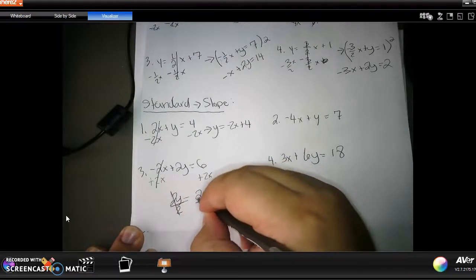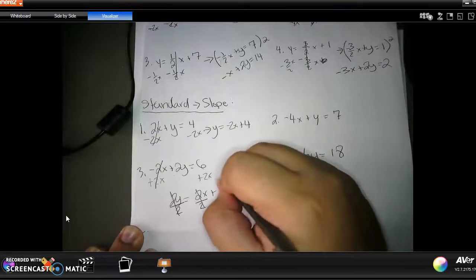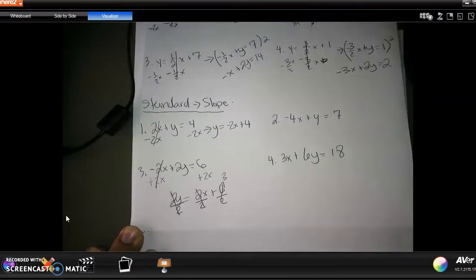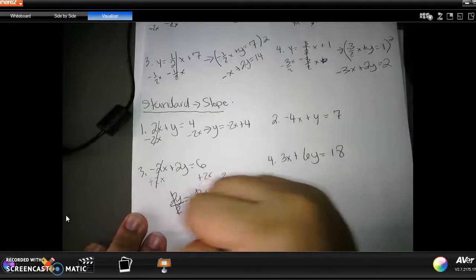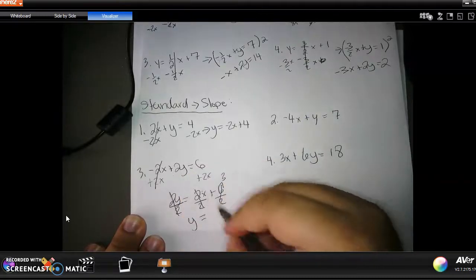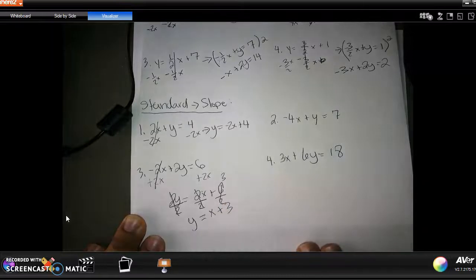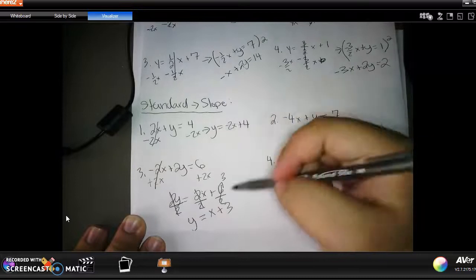Well, this is 2 and 2 again, and 6 divided by 2 goes to 3. Alright, so if we clean this up, we have y, because that's what we have left over, equals x, is what we have left over here, plus 3. Well, that's y equals mx plus b now. Okay? So that is how you do these two.